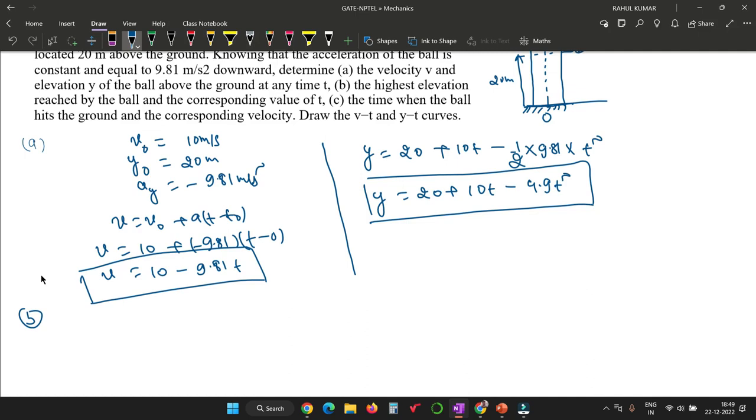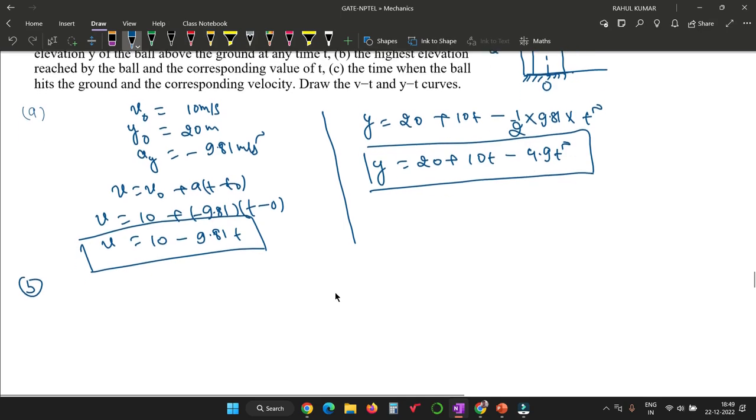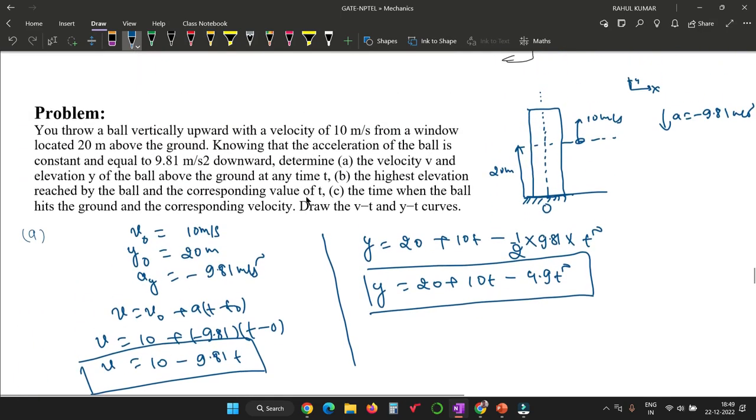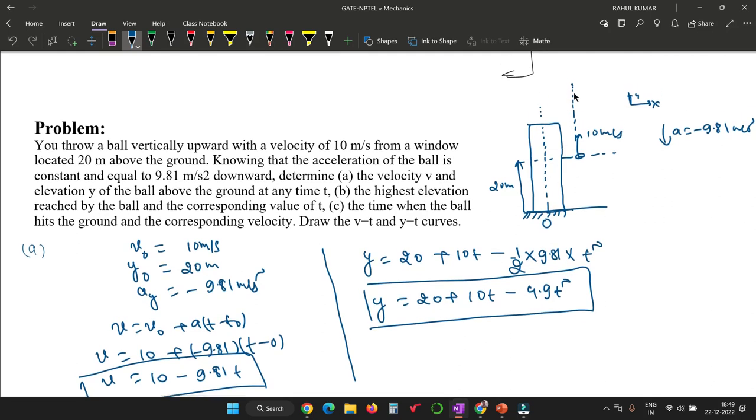You can put v as 0, because at the highest point the velocity of the ball must be 0. If the ball has some upward velocity, then the ball will rise further, and you cannot take that point as the highest point.